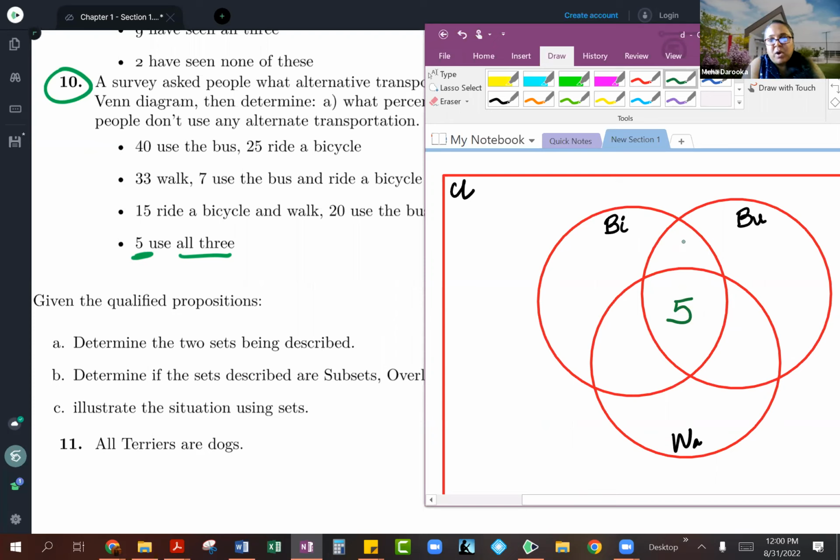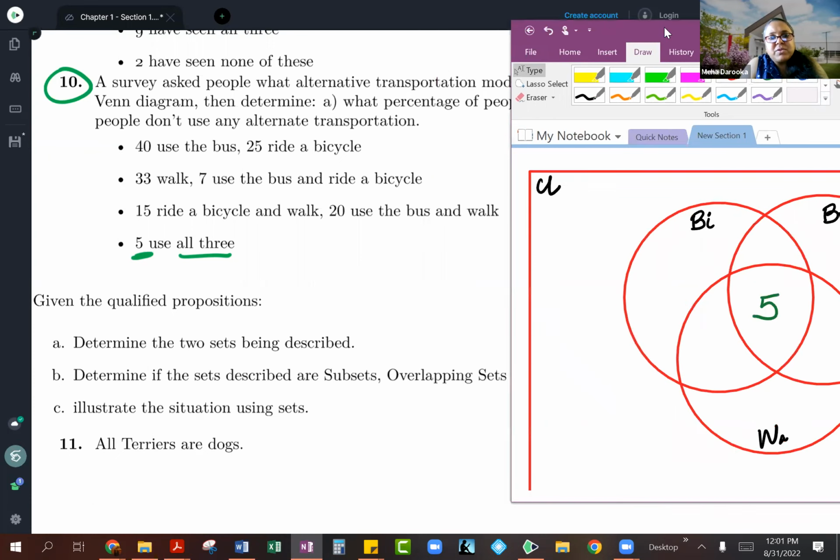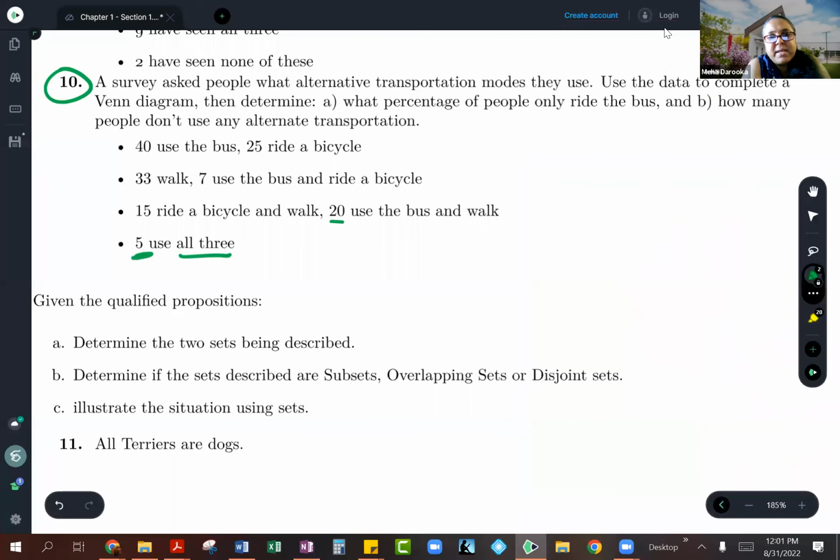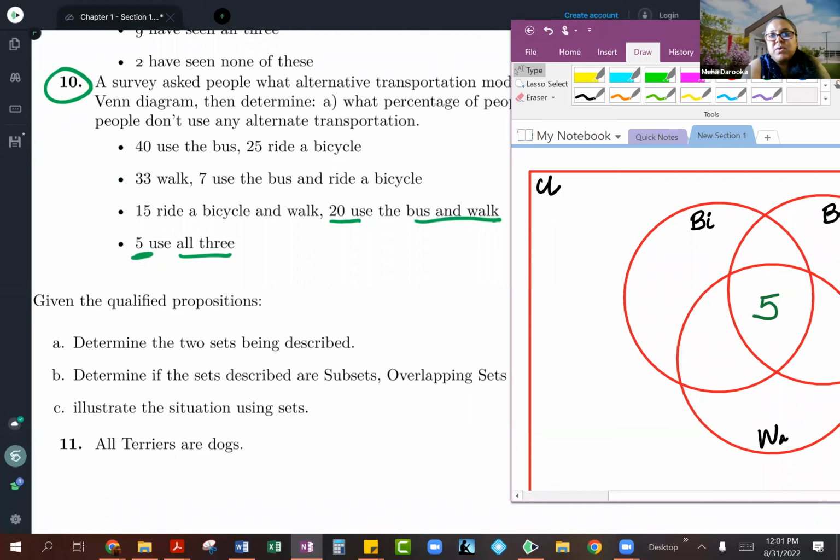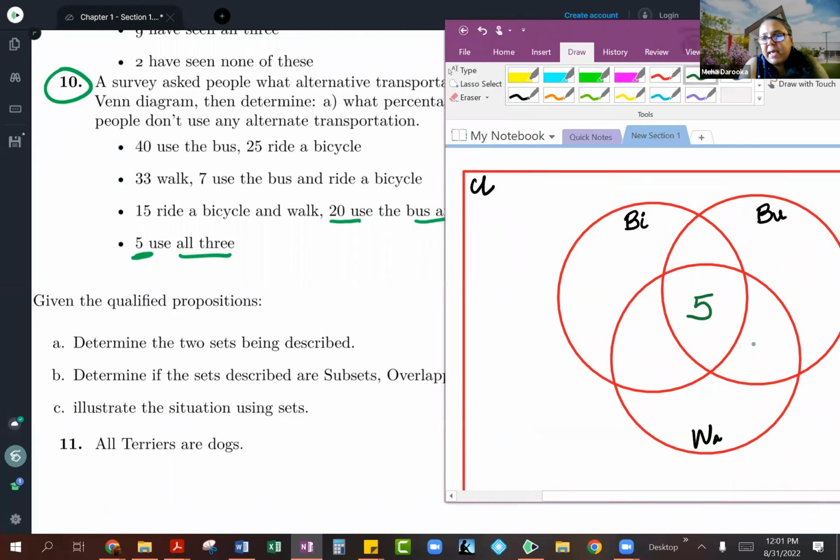So let's see what of those information do we have here. So this one is telling us 20 use the bus and walk. So bus and walk would be this section here. So that's where your 20 is going to go.